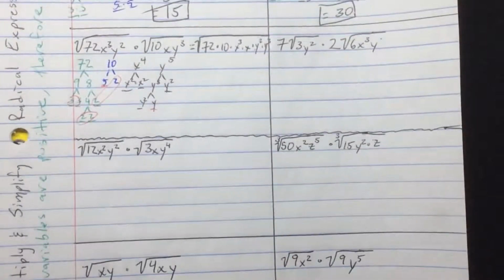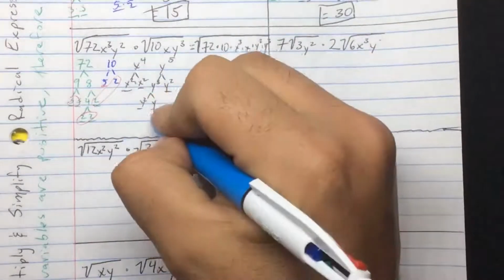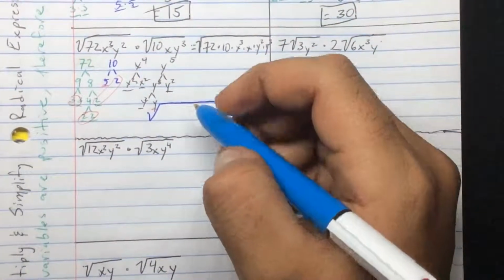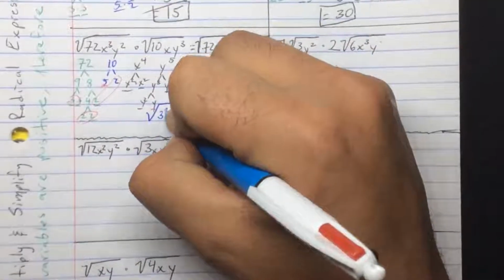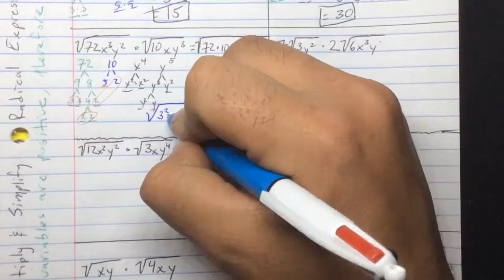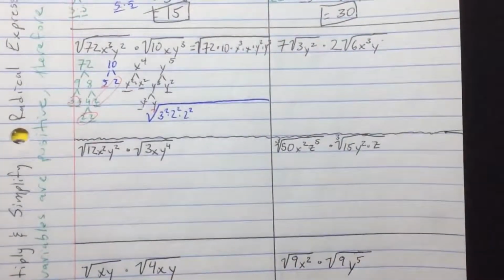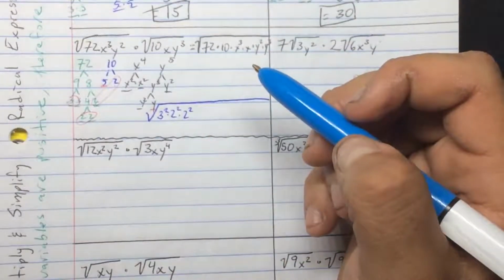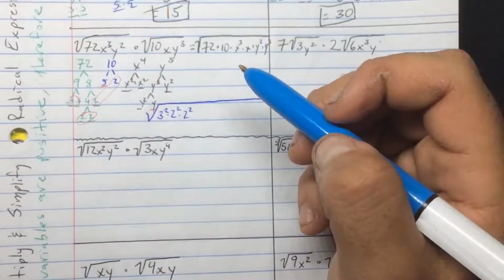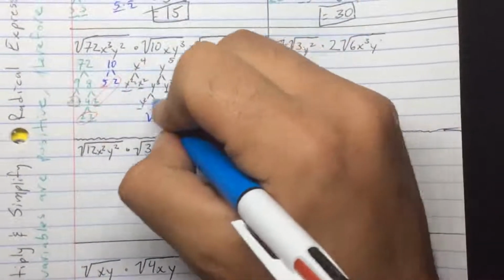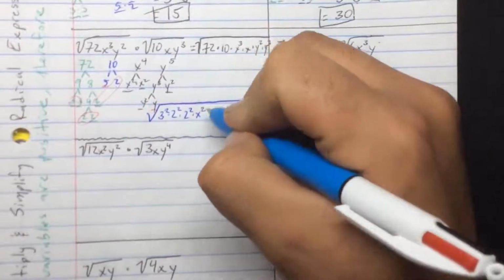So we're going to rewrite this all together. It's going to be a little squished. I'm going to try to write the best I can. Let's do it in blue so we can see it. We have our 3 squared, our 2 squared, the other 2 squared, our x squared, our other x squared, our y squared, and then our other y squared.